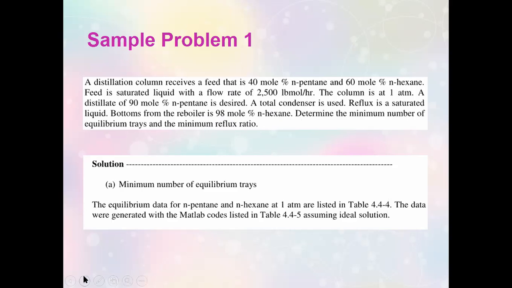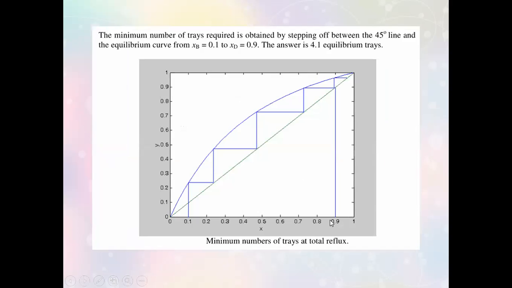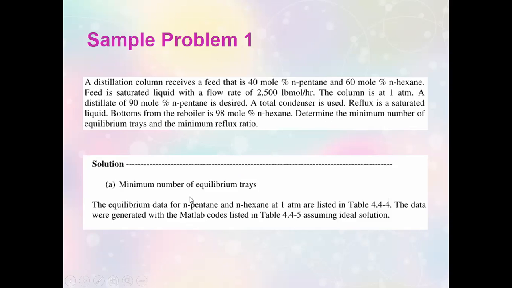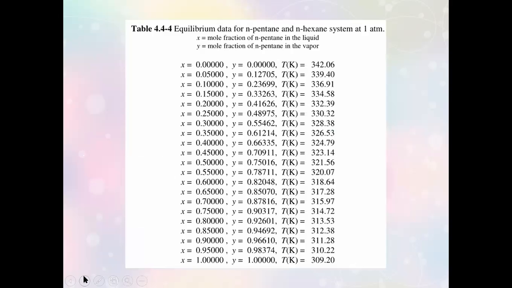So if I go back to the graph, you may wonder why your distillate is 0.9 and then your bottoms is here, 0.98. How could that be? It's because you haven't been very keen on the statement here that this 98% is hexane. So what you're going to plot is just the difference of this 98% from 100, and that should be the 0.02.